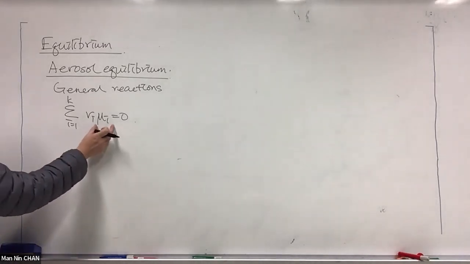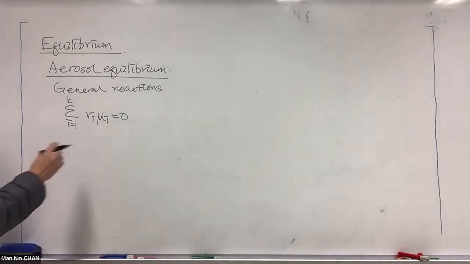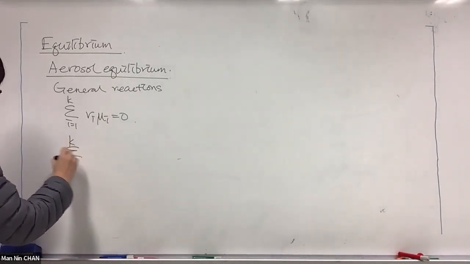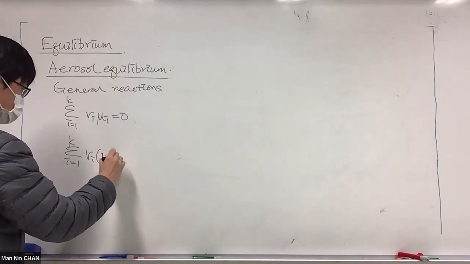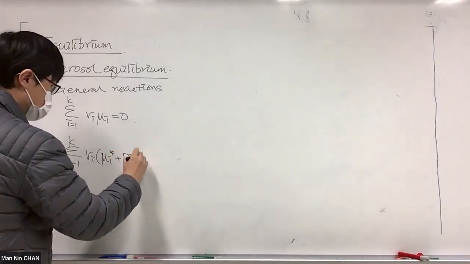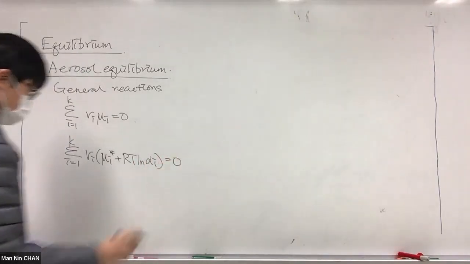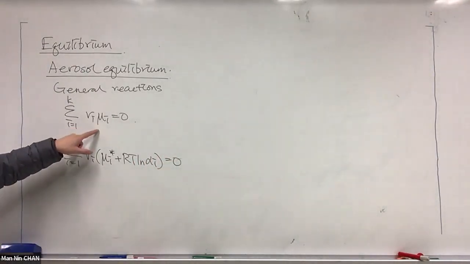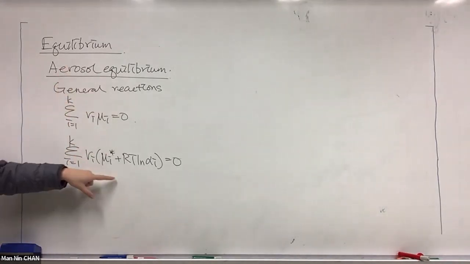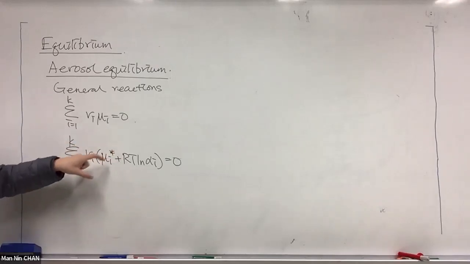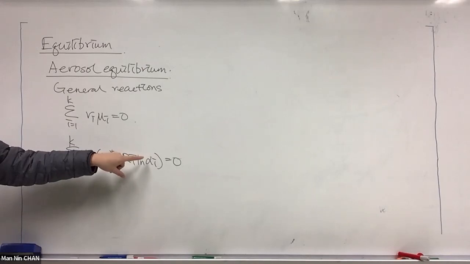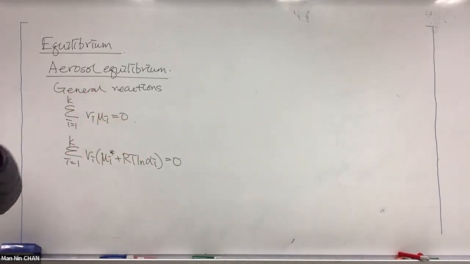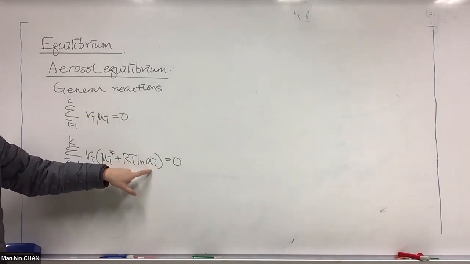Now you know that the chemical potential can be replaced by a more detailed expression. The chemical potential of a species at a given state can be related to the reference or standard state chemical potential of the species, plus the gas constant times the temperature times the log of the activity. Remember, we are not using just the partial pressure or concentration; we use the activity of the species.